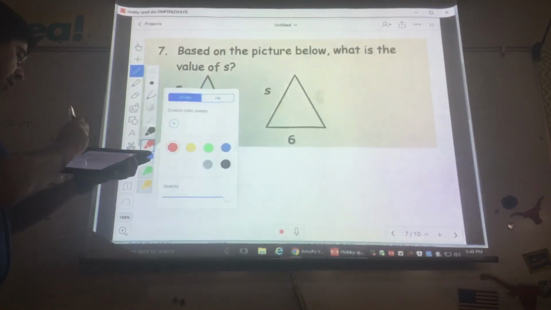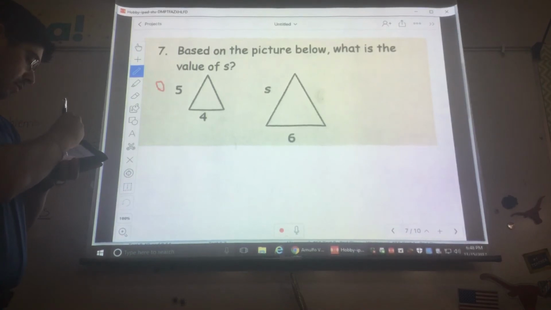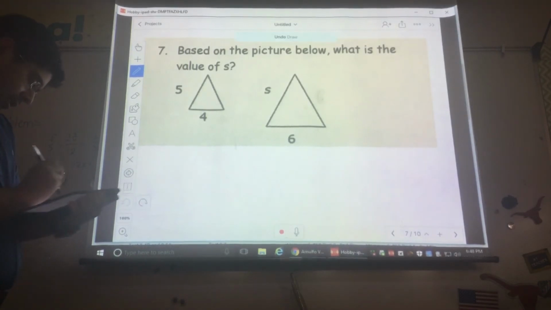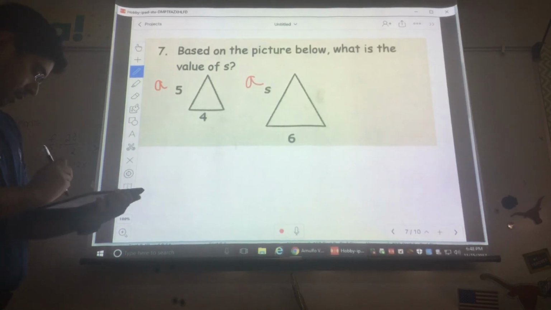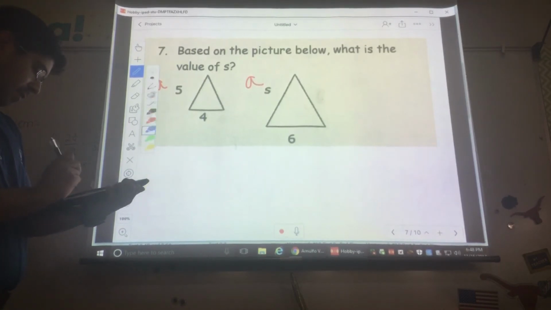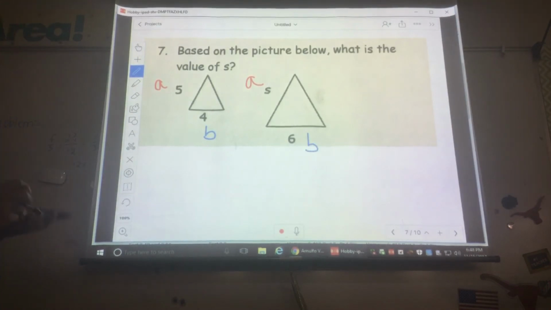Okay, so we need to label our sides, side A and side B. Whoops, that's ugly. So side A and side A, side B and side B, just like that. Okay?